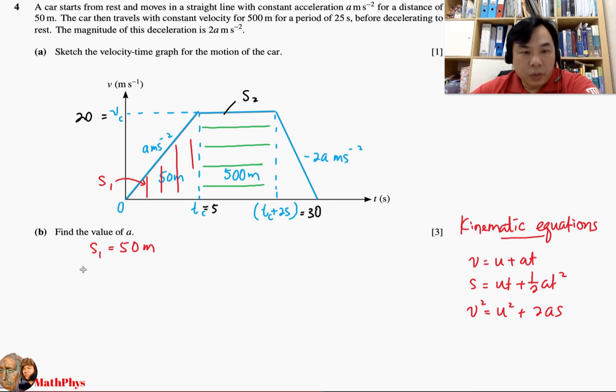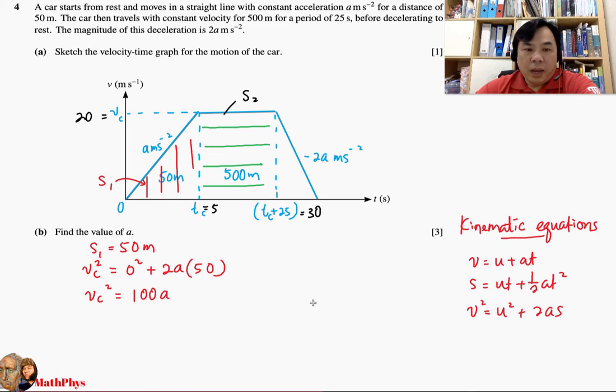We know that it reaches a speed of VC at the time TC here. Initial velocity was 0. We don't know its acceleration, of course, but we do know that the displacement is 50. Okay, so we can write that like this. So therefore, in this case, it will be VC squared equals 100A. Okay, 100A. That's our first equation.